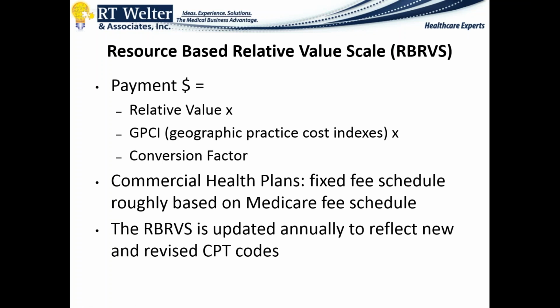It's very common with commercial contracts to get rates such as we're going to pay 120% of the Medicare fee schedule. That's very typical as far as the language they use in the contracts for your fee schedule. The RBRVS is updated annually to reflect new and revised CPT codes, as well as changes in the RBRVS.